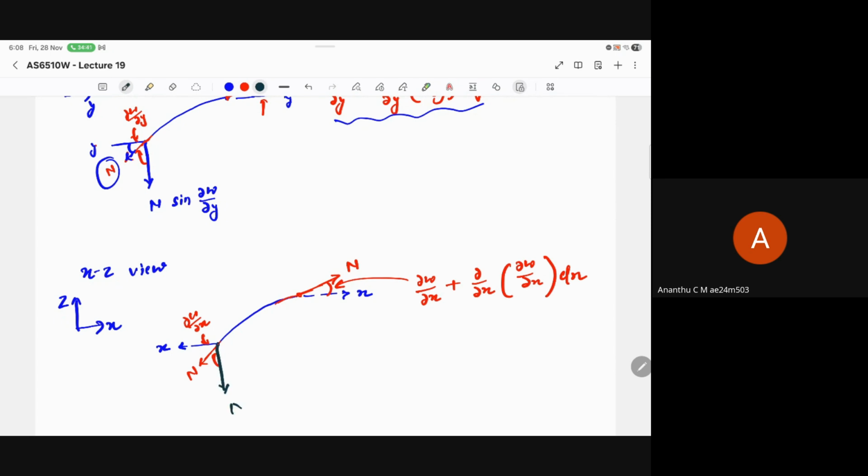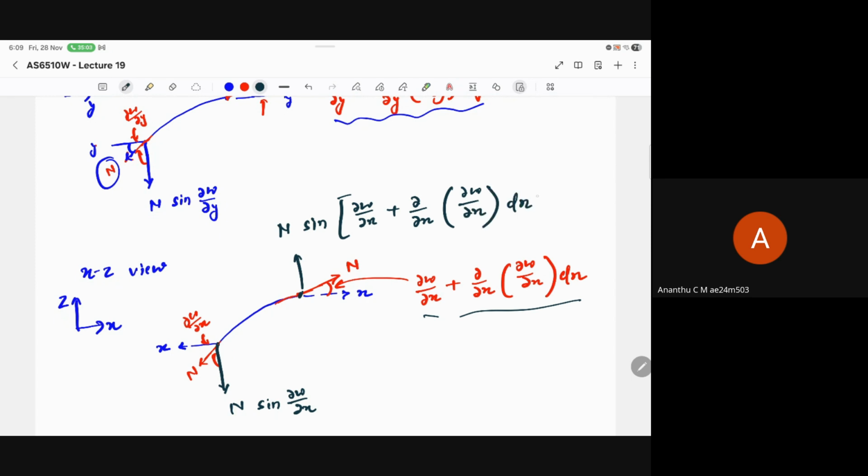This is going to be n into sine ∂w/∂x, and similarly we'll have n into sine of this angle, ∂w/∂x plus ∂/∂x(∂w/∂x) dx.